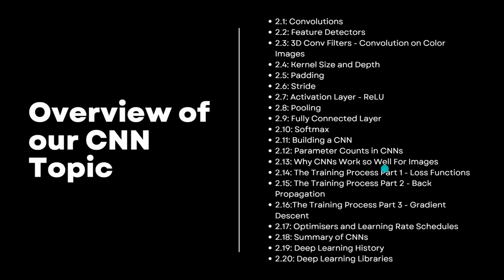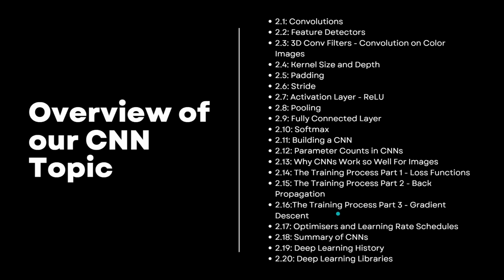And then we go into the training process, which is the inner workings that make CNNs come alive. This one will be our laboratory exercises. And now we talk about loss functions, backpropagation, and gradient descent.